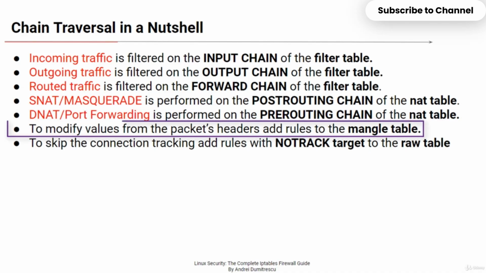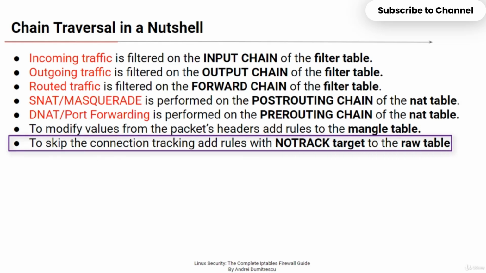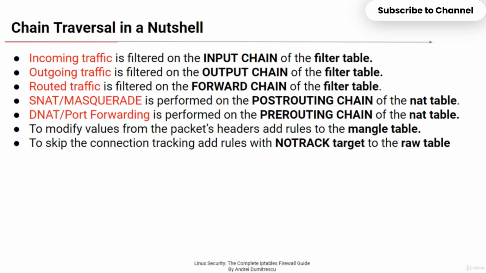Now, if we want to modify values from the packet's headers, like time to live or type of service, we add rules to the mangle table of the output, pre-routing or post-routing chains. And if we want the packet to skip the connection tracking system, we add rules that match that packet to the raw table. Okay, that's how a packet traverses the netfilter tables and chains in a nutshell.